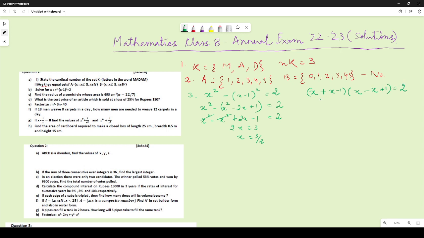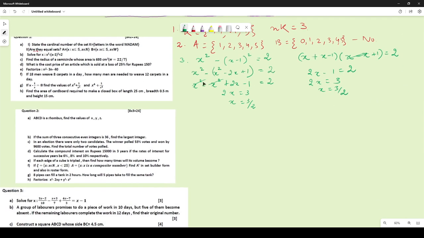So over here what do we have? We have 2x minus, यहाँ तो कैंसिल हो गया, so this is plus 1, so 2x minus 1 equals to 2. Once again 2x equals to 3, यही चीज़ आ गई यहाँ पे, and x is equal to 3/2. So either ways ये आंसर जो है ये सेम आने वाला है दोनों का. आप चाहे इसको जैसे भी करें.